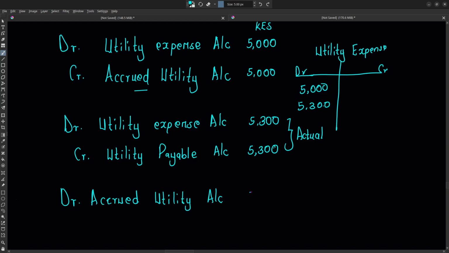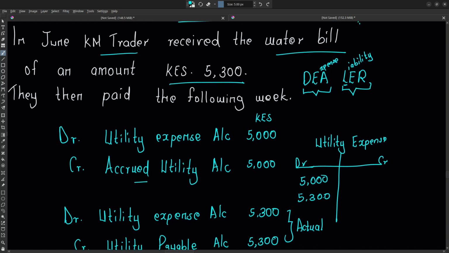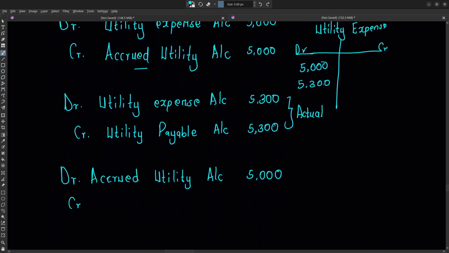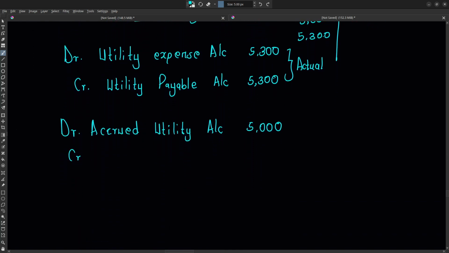So we are going to reduce it by an amount of 5,000. And to reduce an expense account, remember, this is expense. It is on the left side of the accounting equation, and when you want to reduce the accounts on the left side of the accounting equation, you credit them. So we credit utility expense an amount of 5,000.